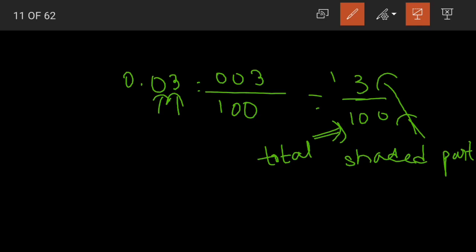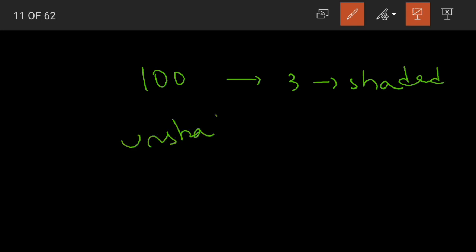Are you able to understand what the fraction 3 by 100 means? 3 by 100 means that there are in total 100 parts, out of which 3 are shaded. In the question they have asked us to find out the number of unshaded parts. Now what will be the unshaded parts?